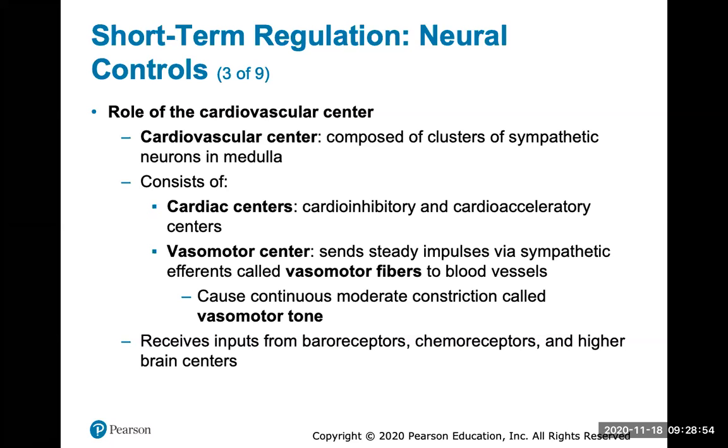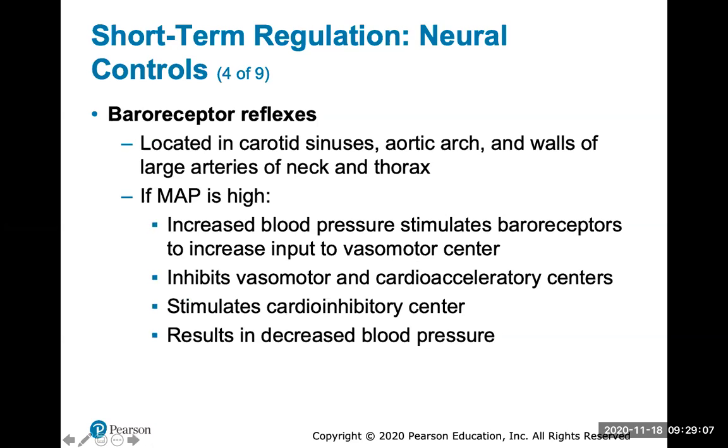The cardiovascular center is composed of clusters of sympathetic neurons. They have cardiac centers and vasomotor centers. They both will receive input from different baroreceptors, chemoreceptors, and higher brain centers to initiate some sort of response.